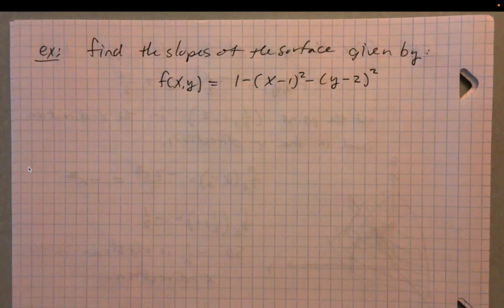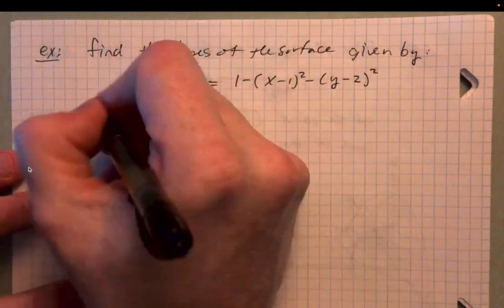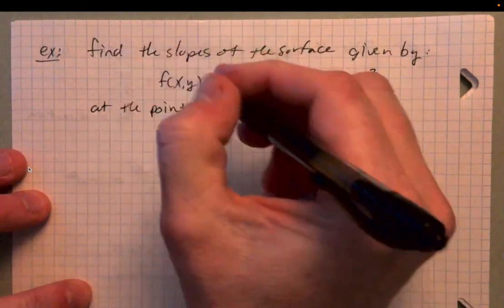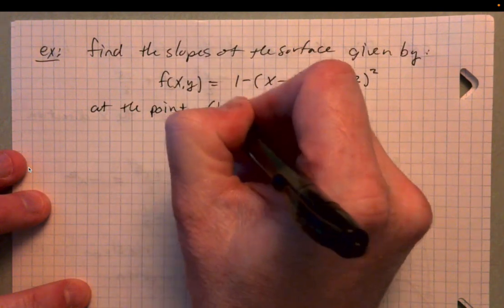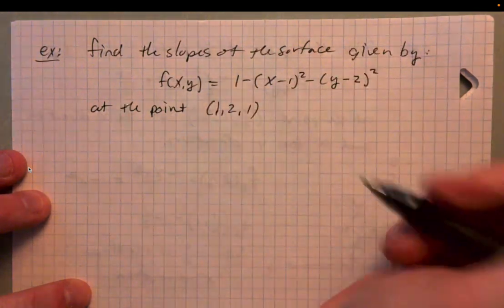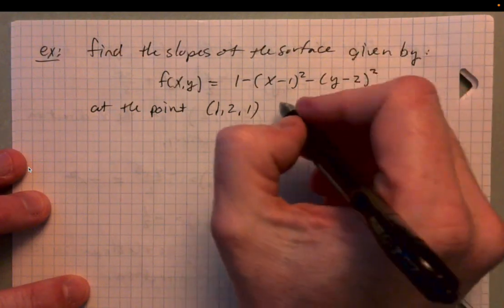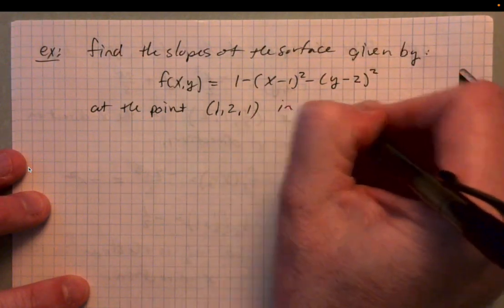Okay, so find the slopes of the surface given by this function at the point (1, 2, 1). And we want to specifically find the slopes in the x direction and in the y direction.